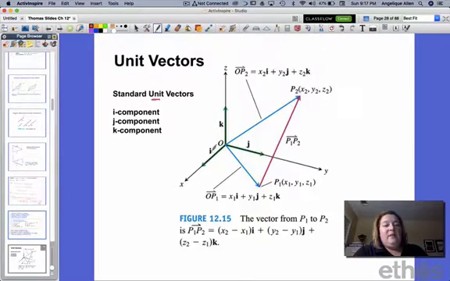So vector i would be considered the vector <1, 0, 0>. And j would be <0, 1, 0>. And k would be, well, that was terrible. You can laugh at my bad handwriting, by the way. <0, 0, 1>.